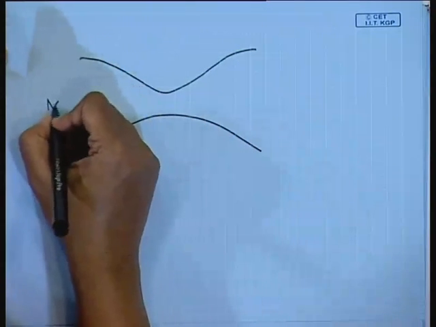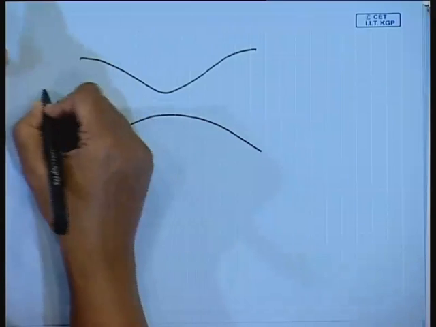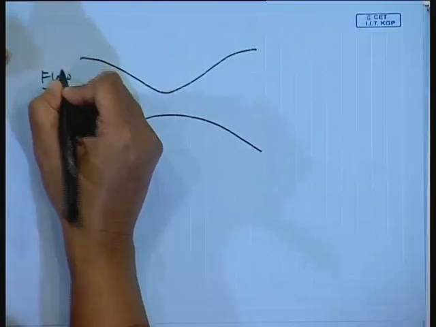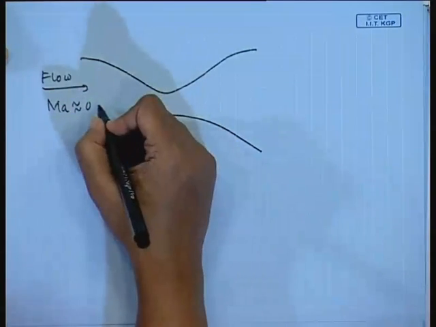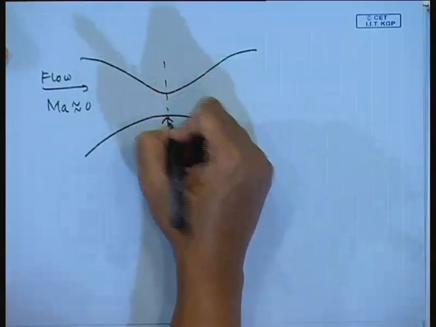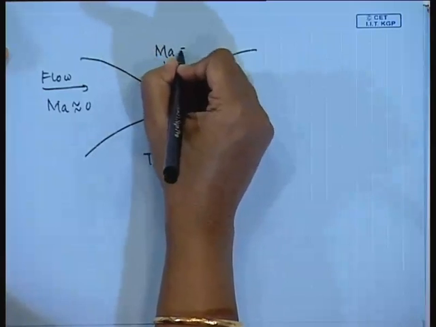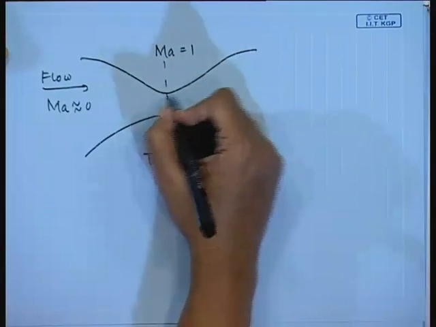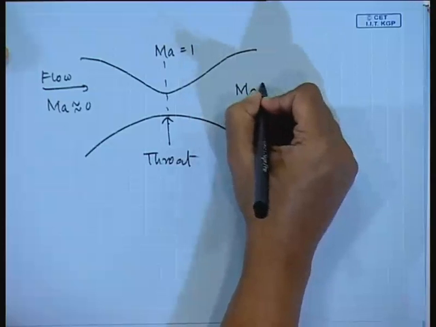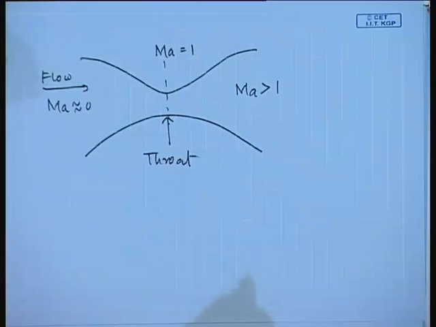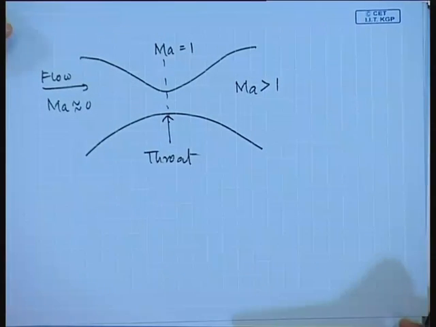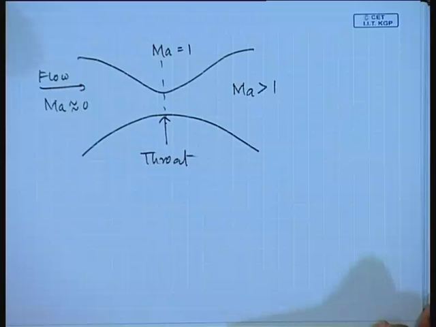Here the Mach number is almost equal to 0, flow occurs in this particular direction, and this is known as the throat. Now, as we keep on increasing the velocity, we come to Ma equals 1 here, and then in this divergent section we get Ma greater than 1. So, in order to accelerate flows from the subsonic to the supersonic range, we need a convergent divergent profile of a nozzle.